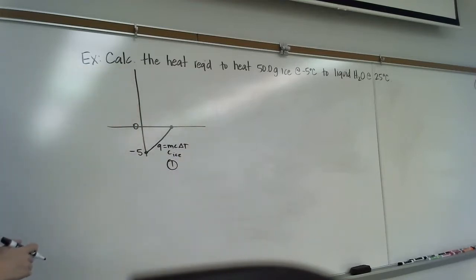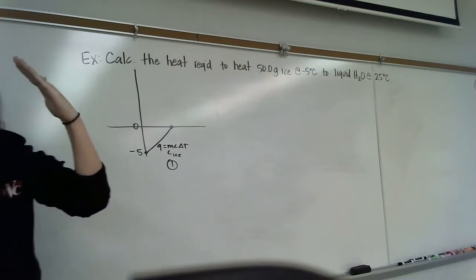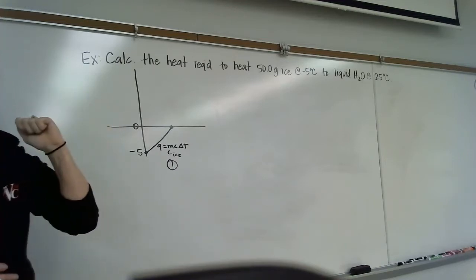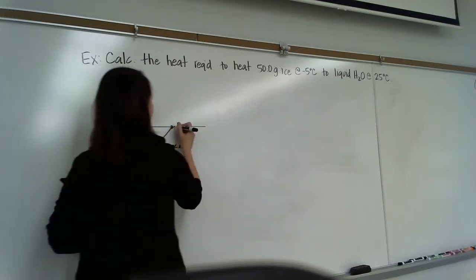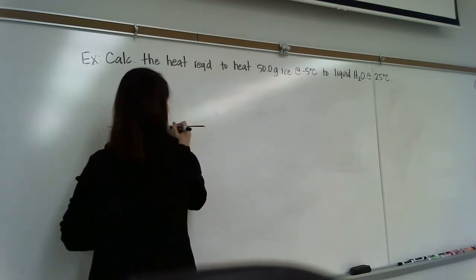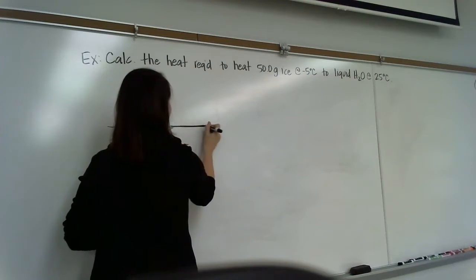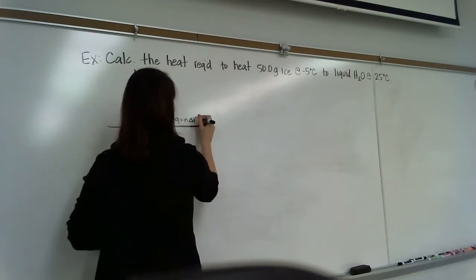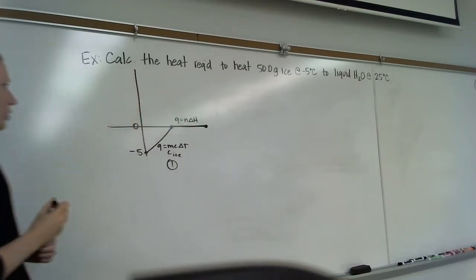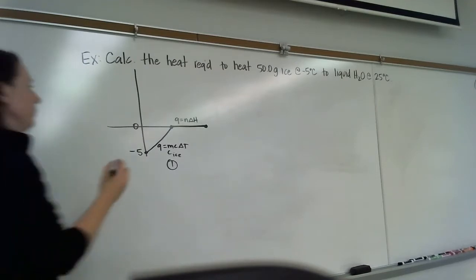Now, when we hit 0, what's our curve going to look like? Is it going to be diagonal or is it going to get flat? It'll be flat. Why? Because it has to melt. All the energy at that point during melting goes into melting and nothing else. So during this time, we're going to do Q equals N delta H. Fusion or vaporization? Fusion.